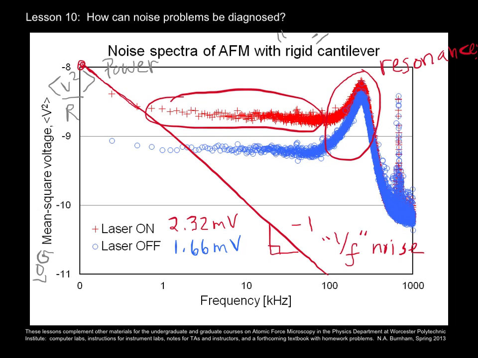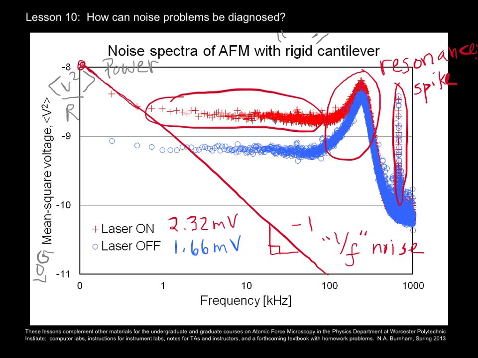Resonances happen in electronic circuits just as they do in mechanical components. Then we have a spike. This usually comes from electrical components, and I don't know of such a narrow response in the mechanical component, at least not in air.